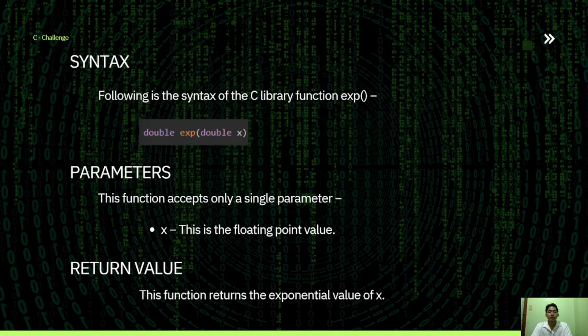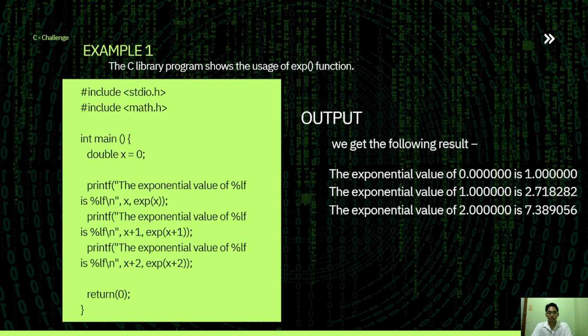The following is the syntax of the C library function exp: double exp(double x). Parameters: this function accepts only a single parameter, a floating point value. The function returns the exponential value of x.